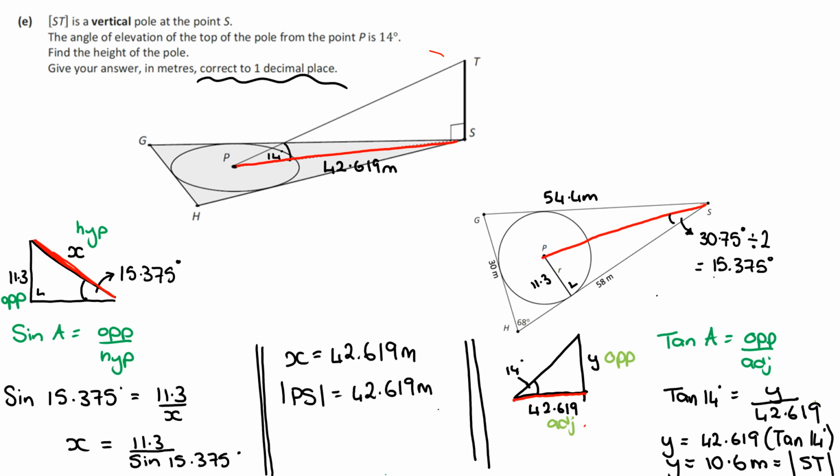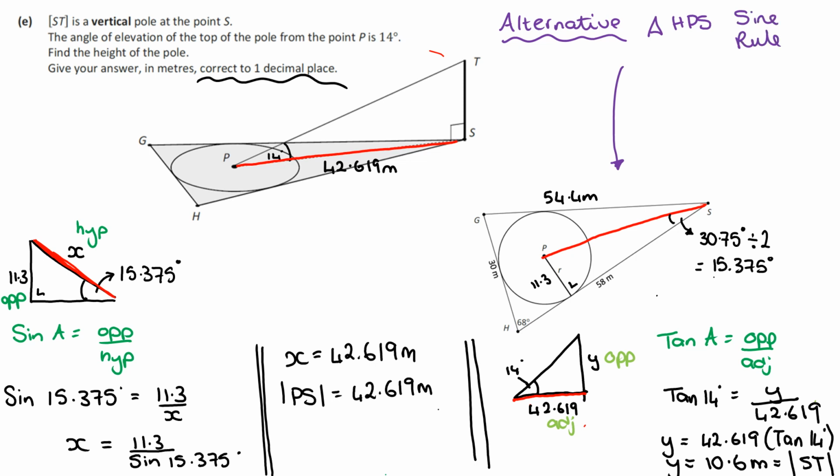So you could have also, and I'll give you this little note, an alternative way to deal with this would be to use the sine rule. So instead of using the right angle triangle, you can use the triangle from down here, the triangle HPS, which is non-right angled, and then we use the sine rule.